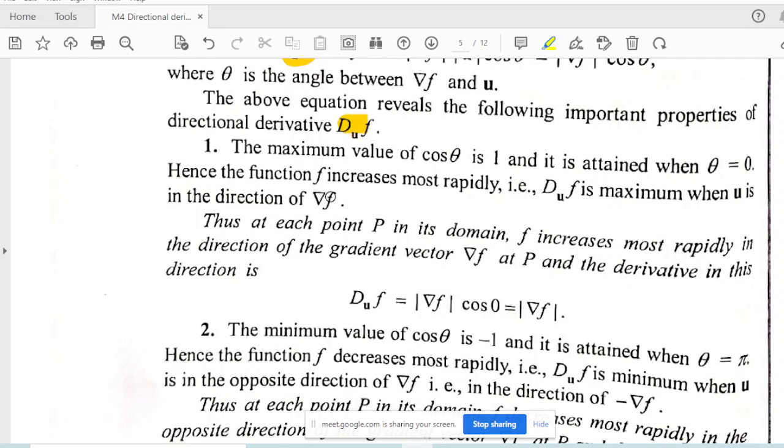So the first property concerns the maximum value of cos theta. We know that the maximum value of cos theta is 1 and it is attained when theta equals 0.